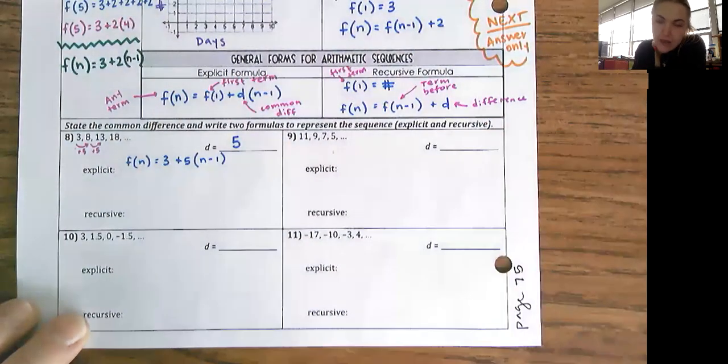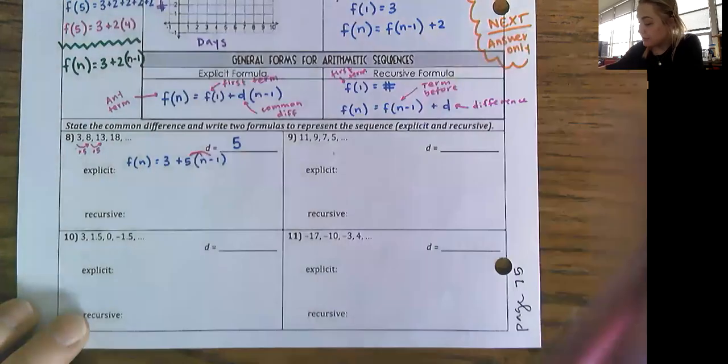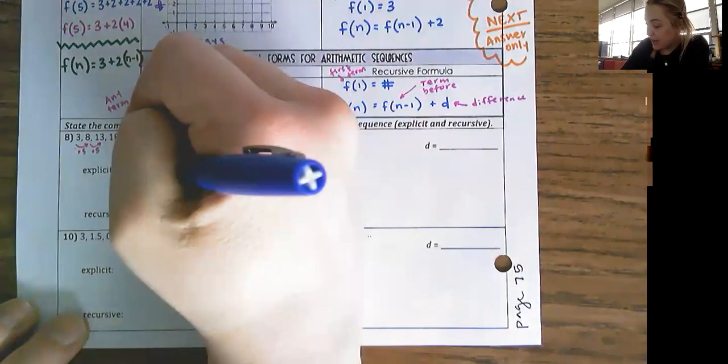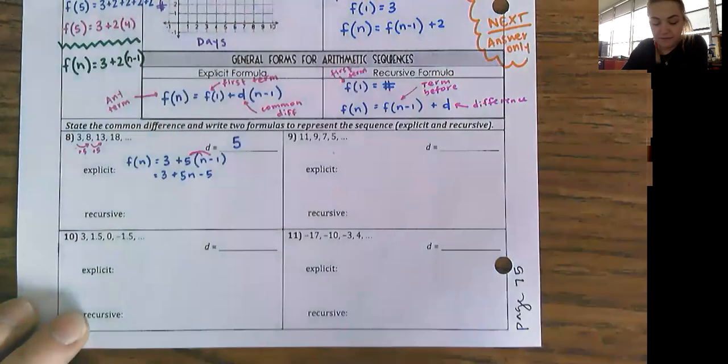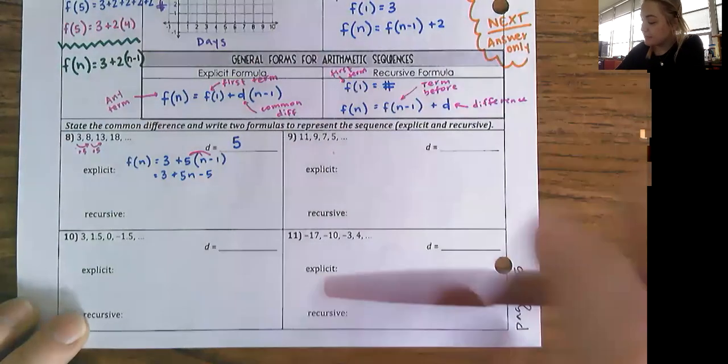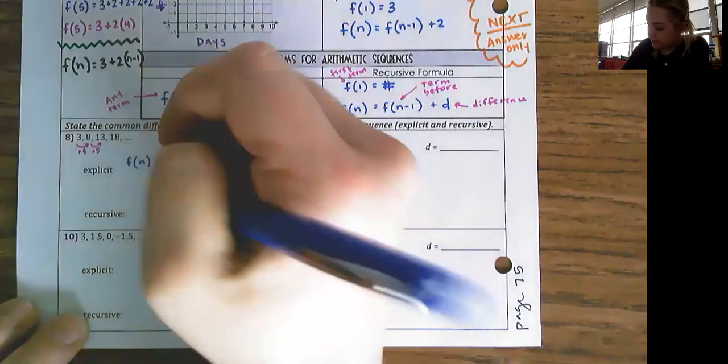Now you always, always, always have to simplify. So let's distribute. And we have 3 plus 5n minus 5. When I combine like terms here, 3 and negative 5, I get negative 2.